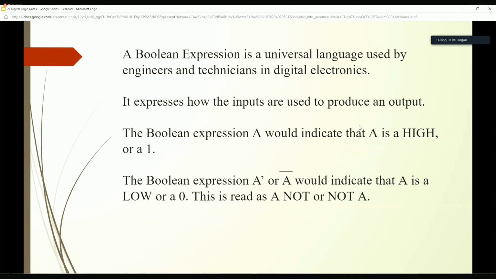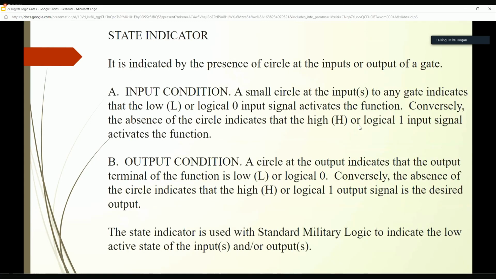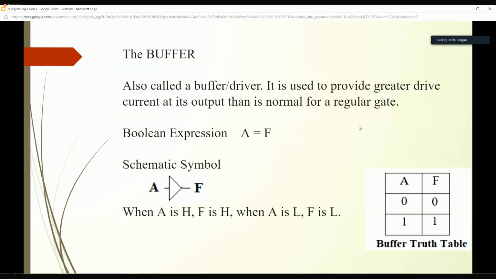I just really want to get to a refresher of the different gates that we have. Remember, we were talking about a variety of different gates, and we threw a bunch at you right at the end of the session. We're building these truth tables where A is our input, F is our output. Typically we're going to have at least two inputs, except for these first two gates, and we can't have more, right?